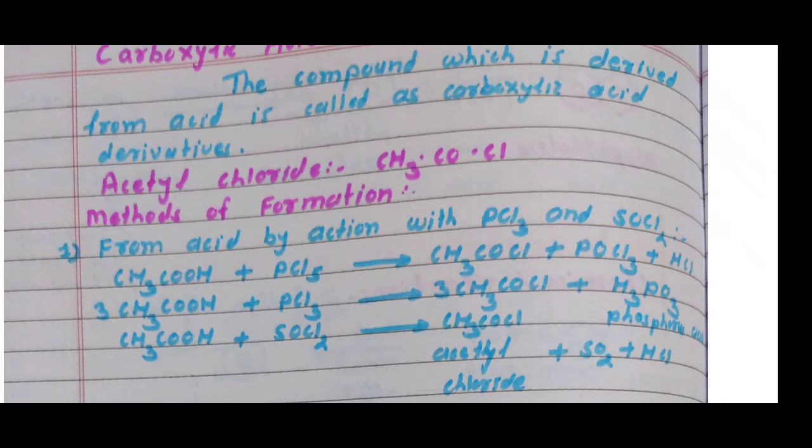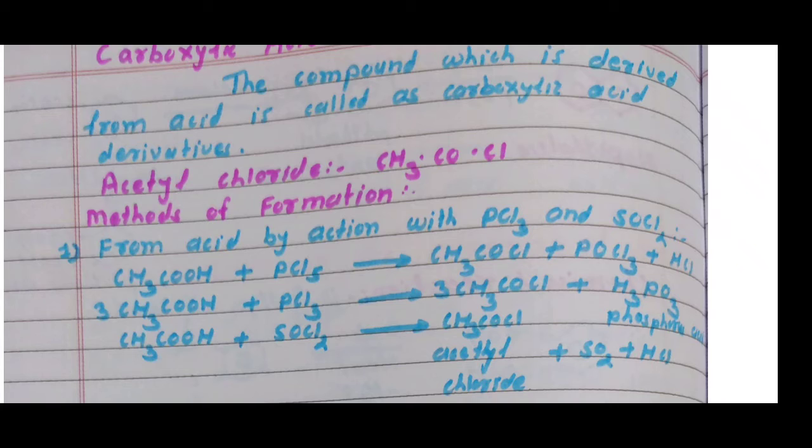I am showing the first reaction with PCl5. Acetic acid CH3COOH plus PCl5 gives CH3COCl, that is acetyl chloride, plus POCl3 plus HCl.